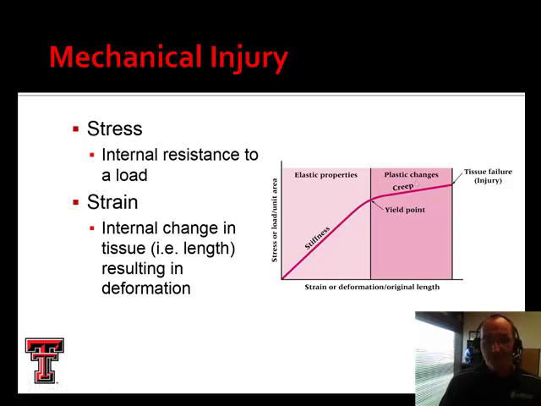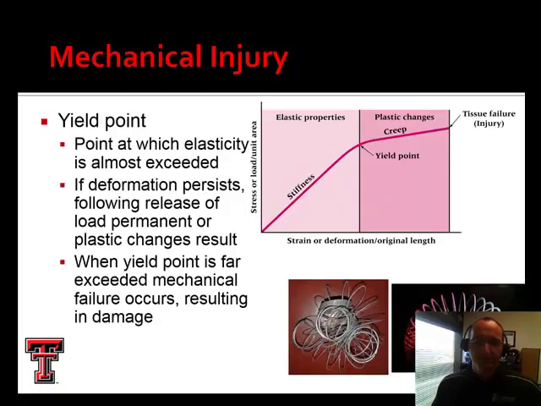It may not ever return back to normal length or form. Okay, so strain tells us the internal change in that tissue. In the case of muscle tissue, for instance, we're talking about the length that results in deformation. Now, the yield point is important because this is the point at which the elasticity is almost exceeded.